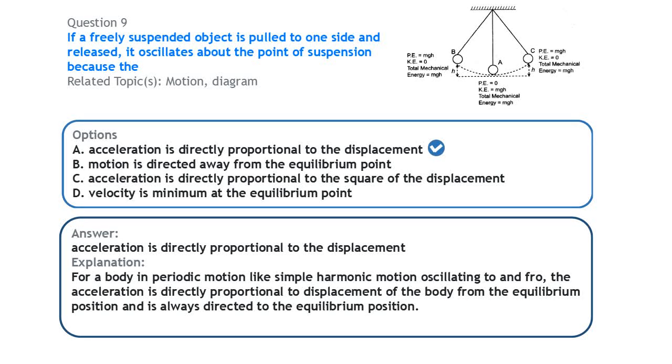If you pull it to this side and release it, it starts moving to and fro. This is because the acceleration of that body is directly proportional to its displacement from the point of suspension, or what we call the point of equilibrium.